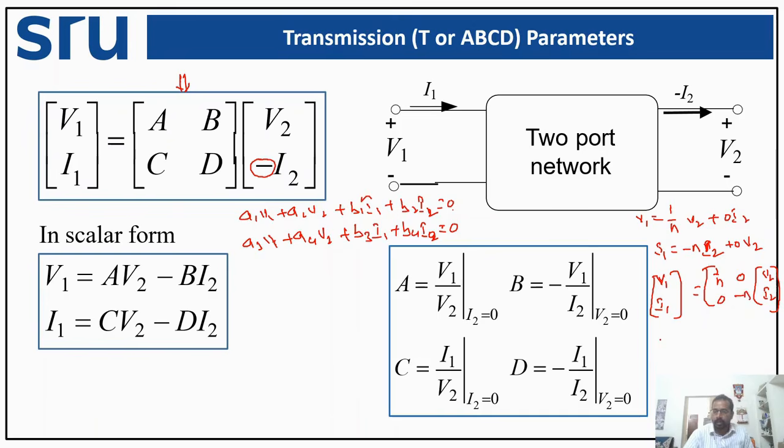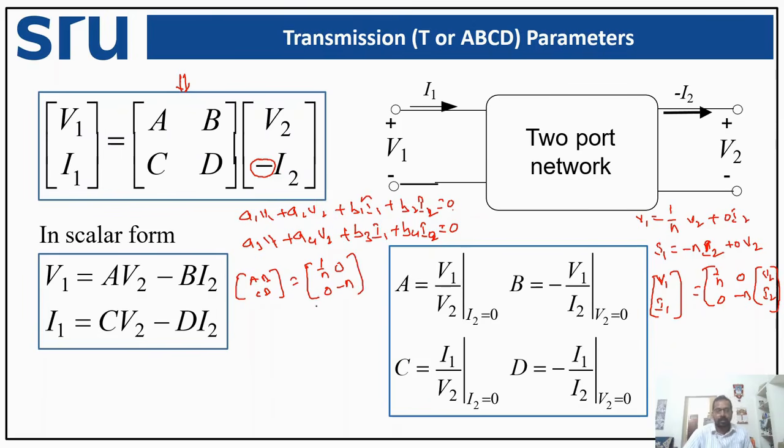So my ABCD matrix for a transformer is 1 by n, 0, 0 and minus n, which is a non-singular matrix.